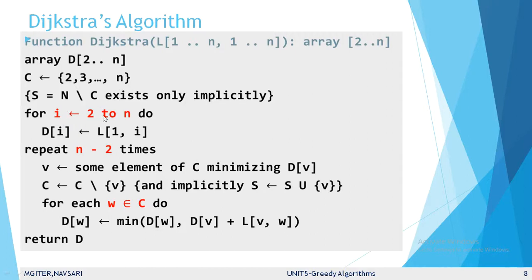We start by looking at vertices 2 to n, and the length of 1 to I is stored in D of I, that is array D. Now repeat n minus 2 times. Choose some element V of C which minimizes D of V, and set C to C minus V, the set of vertices having minimum weight. Now for each W belonging to C, we select the vertices that have minimum weight or distance.